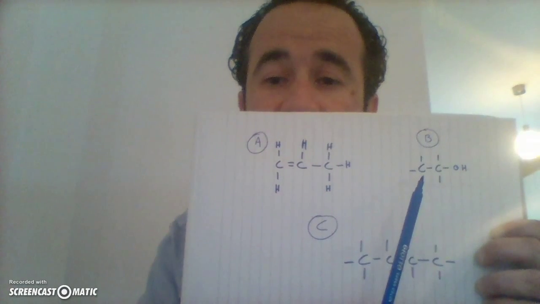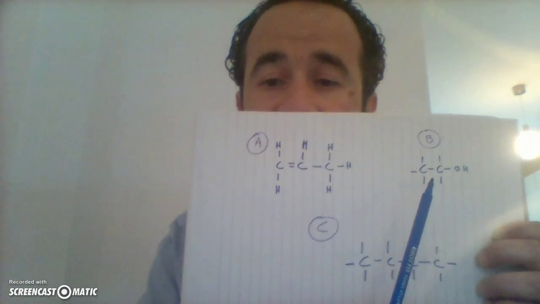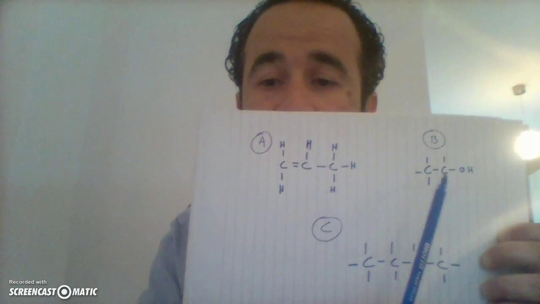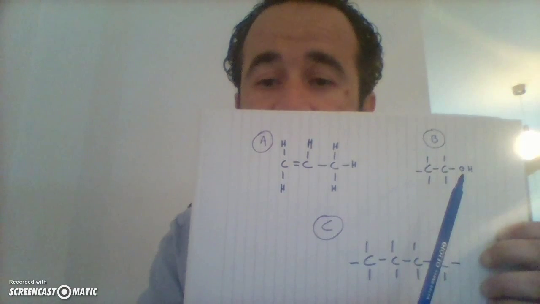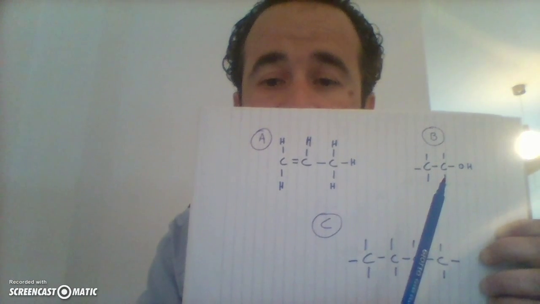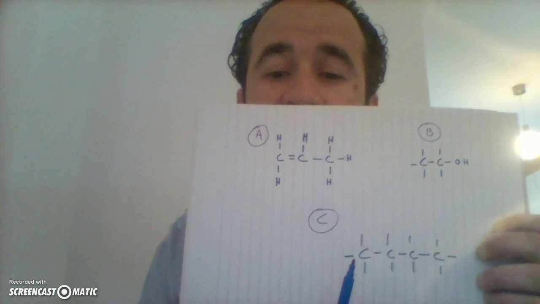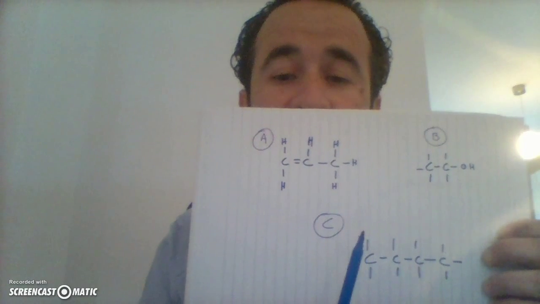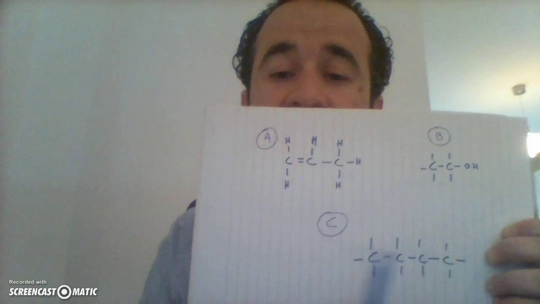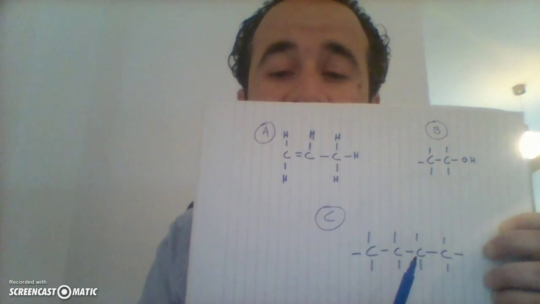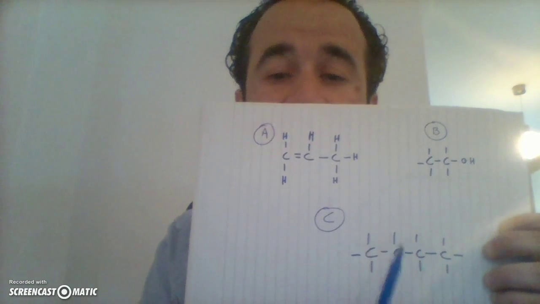If we move on to compound number B, we see that there are carbon-hydrogen bonds, all single bonds. However, there is a carbon bonded to a hydroxy group. Again, this is not an alkane compound. Compound number 3, we have carbon-carbon single bonds, carbon-hydrogen single bonds. There is no other kind of bond in the molecule, therefore this is an alkane, and this is the only alkane among the three of them.